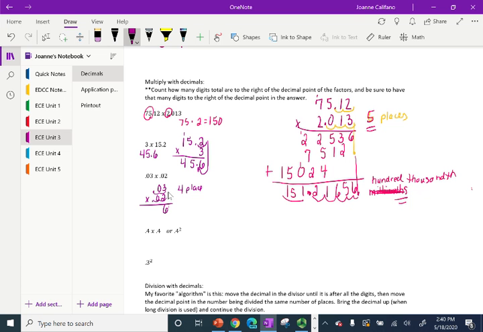And we drop down here and we say move it over 4 places. 1, 2, 3, 4. 4 places over gives us the number 0.0006, or in other words 6 tenths, hundredths, thousandths, ten thousandths, 6 ten-thousandths. For our answer there.